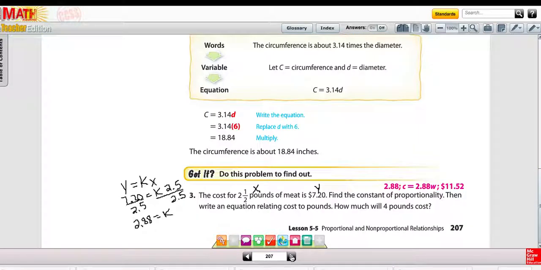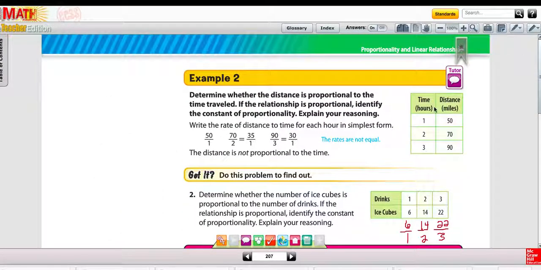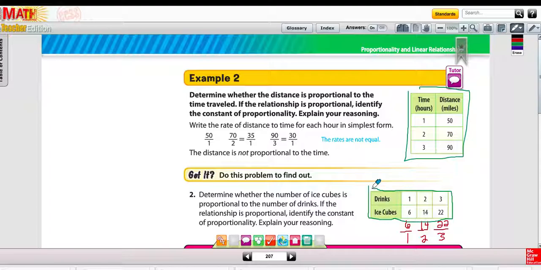Okay. At the top of page 207, we're looking at another problem. In this case, we have a vertical table, still X and Y, and then we have a horizontal table here. Now sometimes you can just tell by the situation. For the last problem, the number of spiders and the number of legs is most likely going to be proportional because every spider has 8 legs.